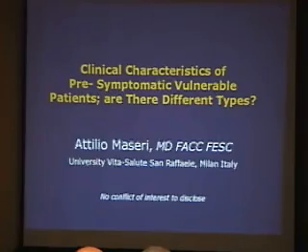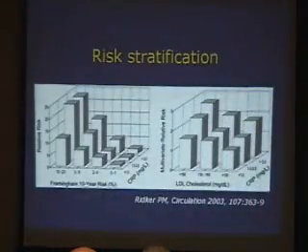So you see, one of the problems that we are confronted with when we use risk stratification, and here I put the Framingham score plus CRP, or LDL cholesterol plus CRP, from this review from Paul Ridker.